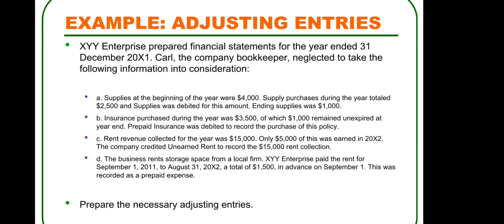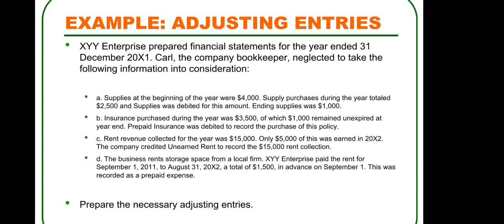Like I said earlier, the amount used has to be recorded as an expense. So the adjusted entry is debit insurance expense 2,500, credit prepaid insurance 2,500.